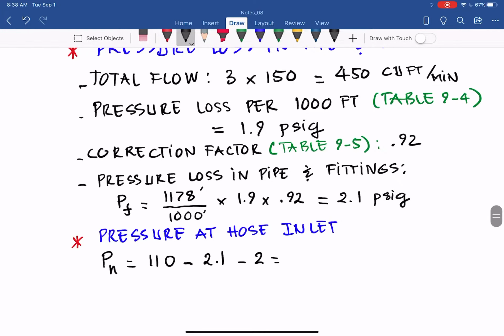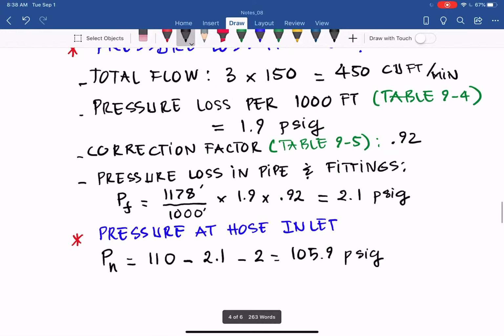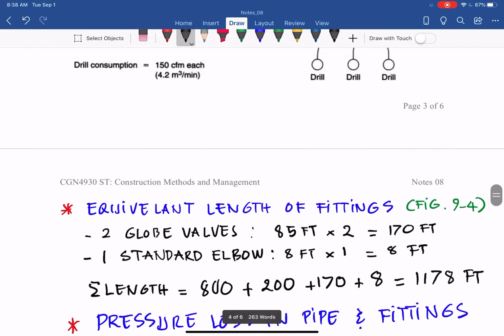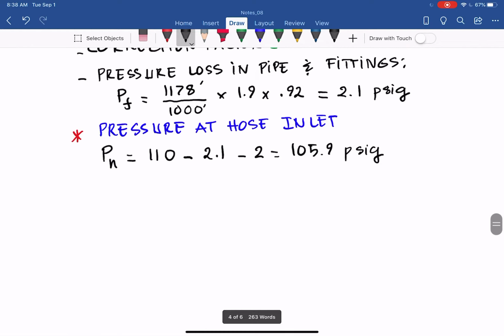So at the inlet we have 105.9 psi. And then we have to determine the hose pressure correction factor, and that also applied to table 9.5.